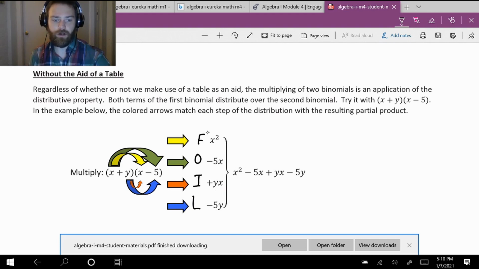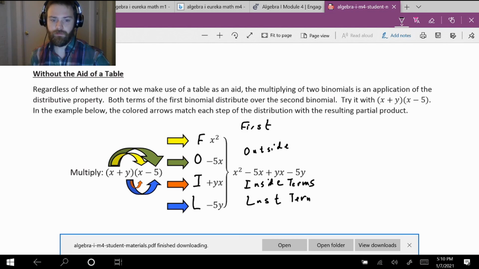So first terms, that's what FOIL means, first. O, outside terms being multiplied, I, inside terms. And then L, last terms. So F goes with x squared, x times x, that yellow color.